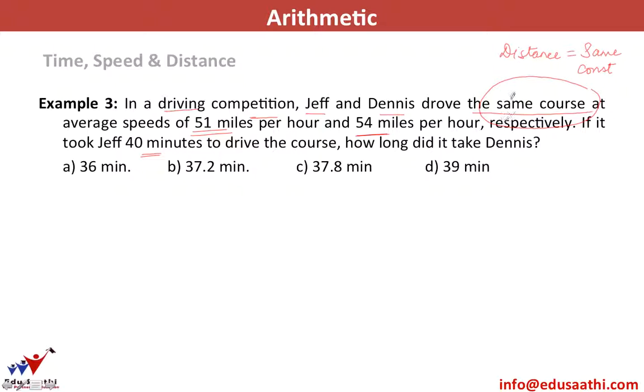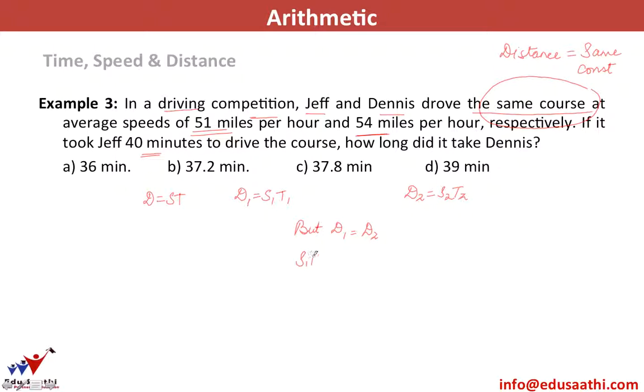Distance is equal to speed into time. If I look at Jeff and Dennis separately, distance traveled by Jeff will be equal to speed of Jeff into time taken by Jeff, and distance traveled by Dennis will be equal to speed of Dennis into time taken by Dennis. But the distance that Dennis and Jeff are traveling is exactly the same.